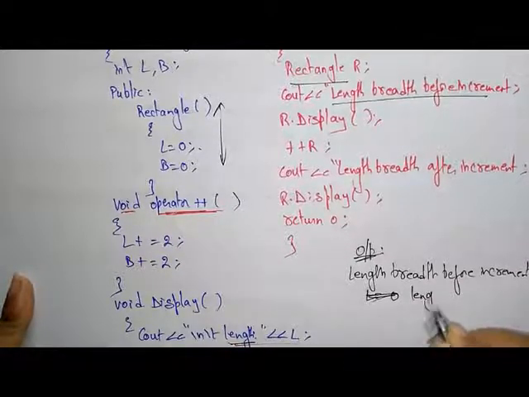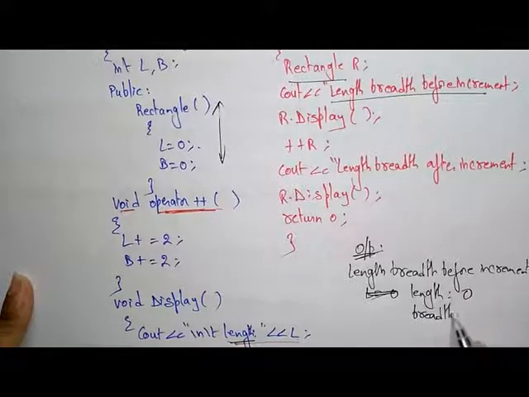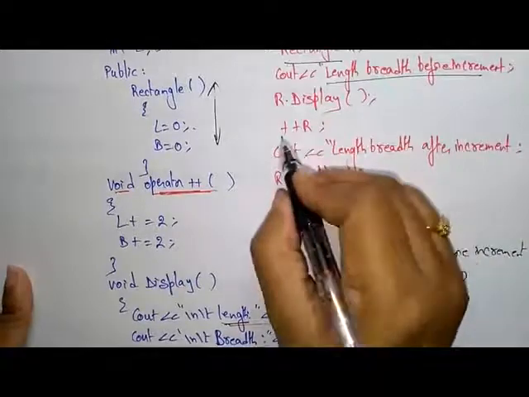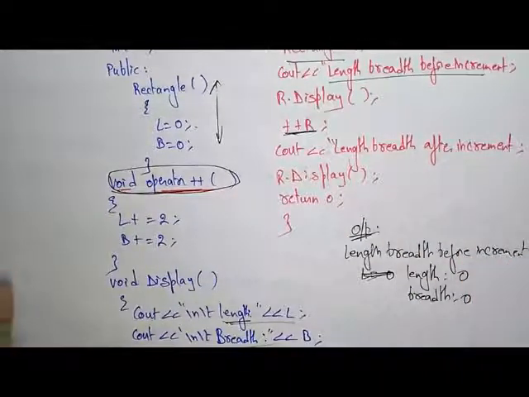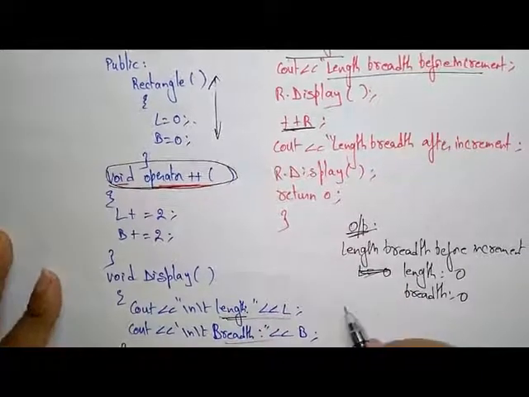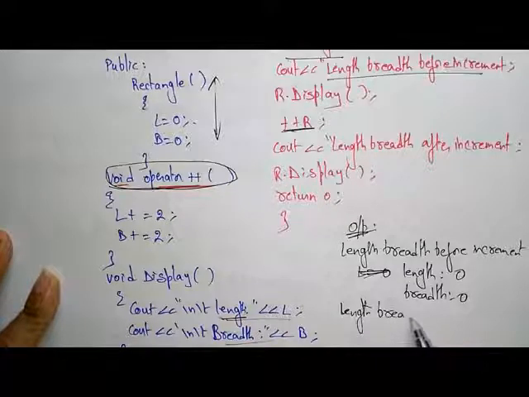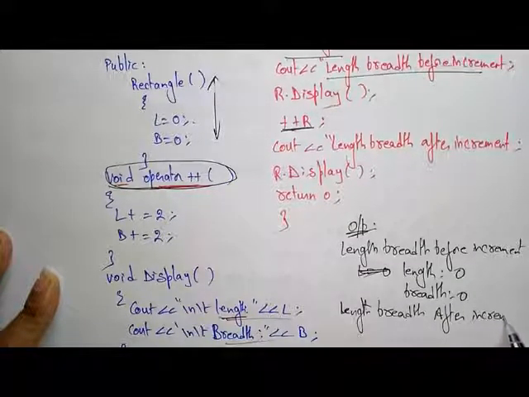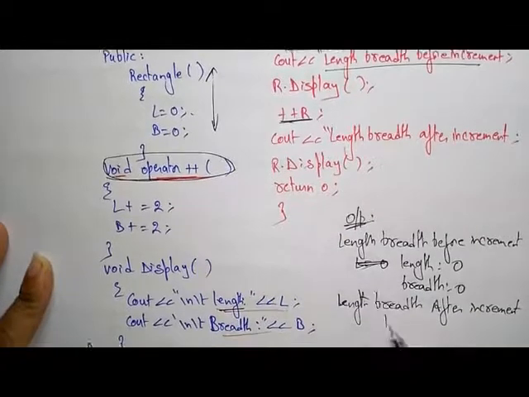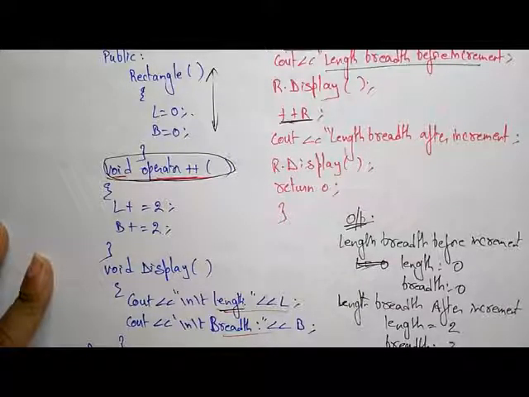So length 0, breadth 0. After that it enters into the operator overloading function. So first it prints length, breadth after increment. Length is equal to 2, breadth is 2.